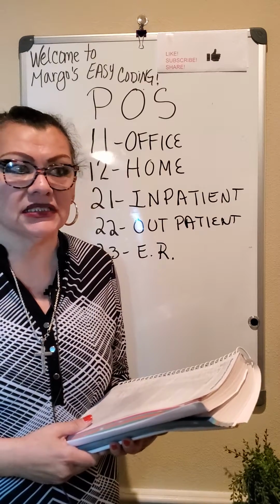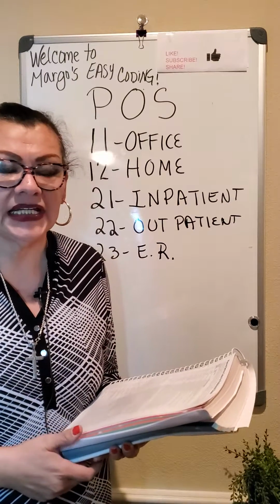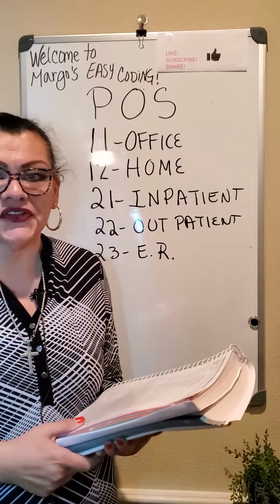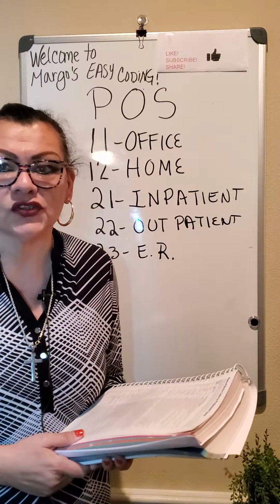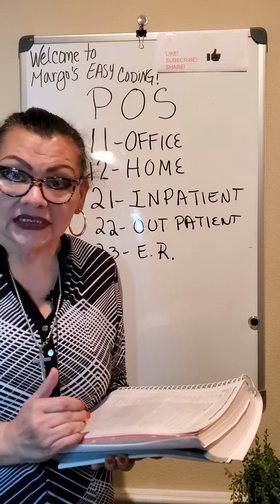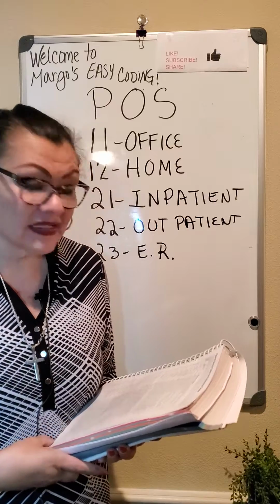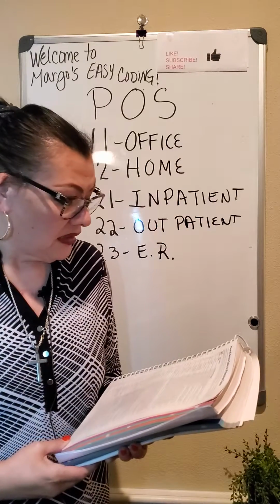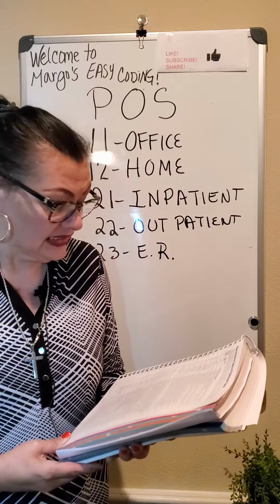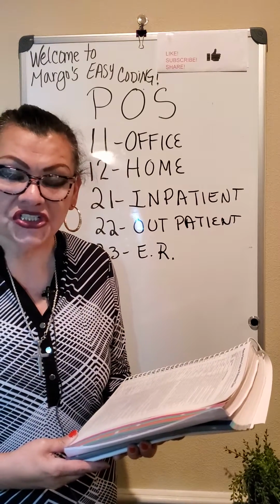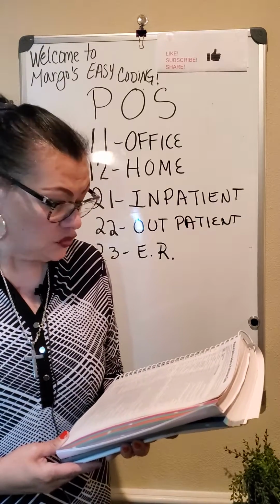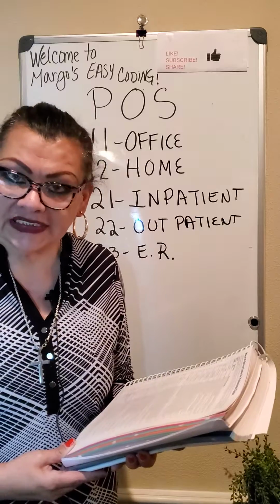The patient gets sick in the school, in any kind of school, a college, university, elementary school, high school, and the doctor goes to see the patient at the school, the place of service is 03. Assisted living facility. The patient is in the assisted living facility. Your place of service is 13.